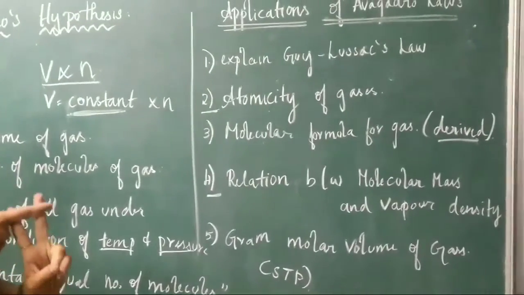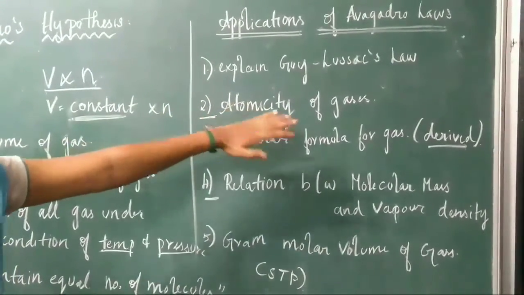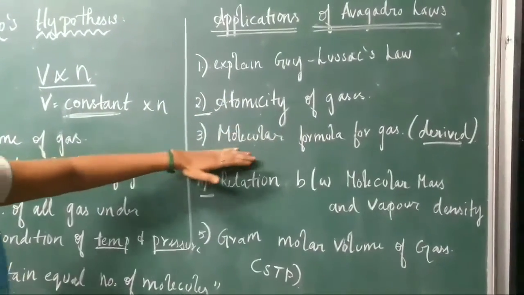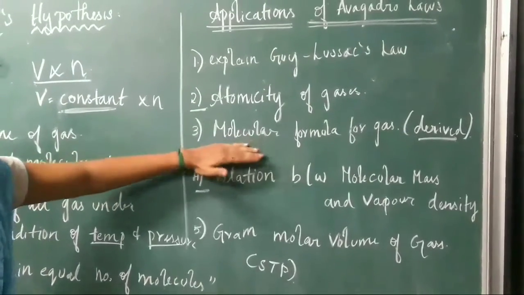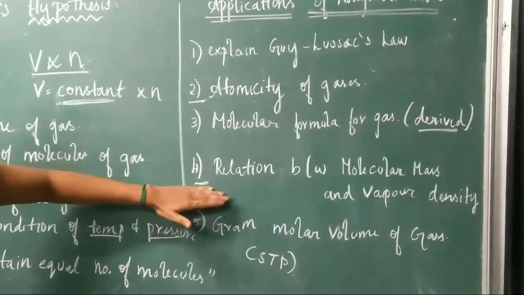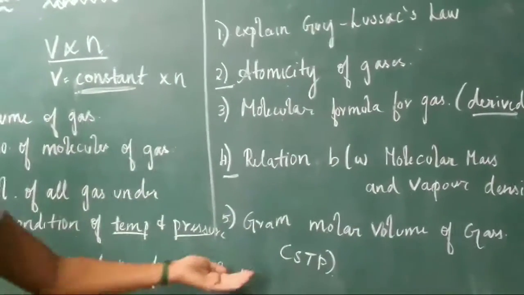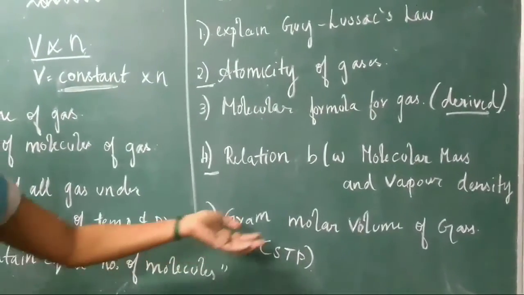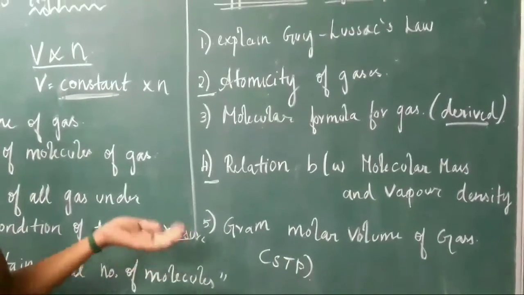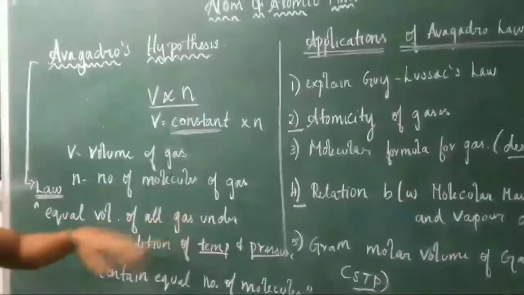Next, it can determine the atomicity of gas. Next, the molecular formula of a gas. Fourth, it can derive the relation between molecular mass and vapor density. The last point is that the gram molecular mass of the gas can be found using Avogadro's law at standard what? STP. These are the applications of Avogadro's law.